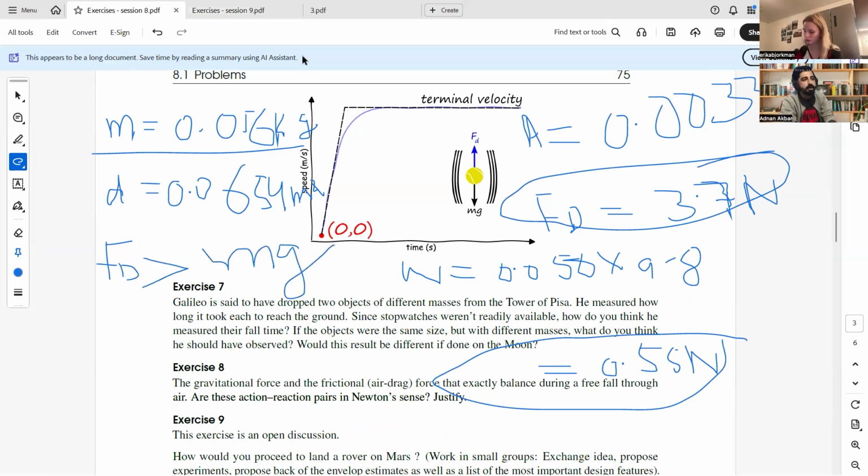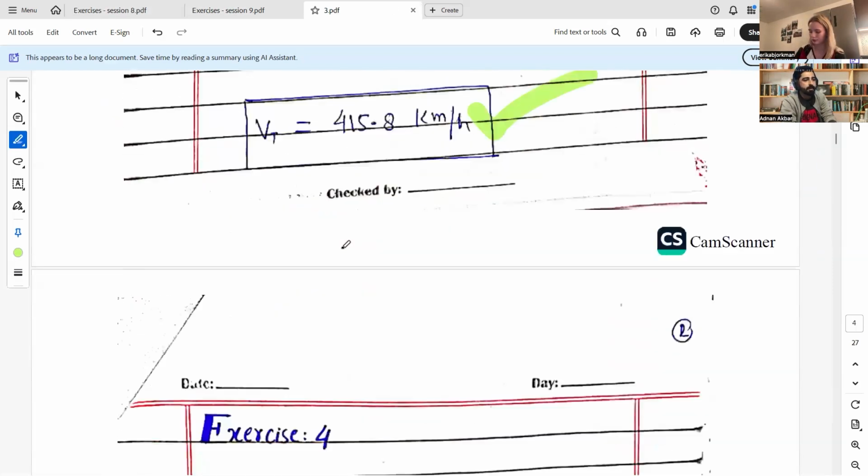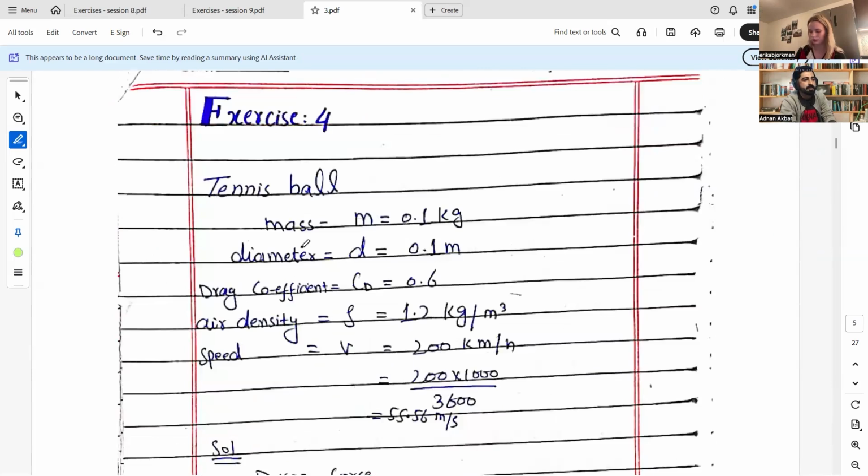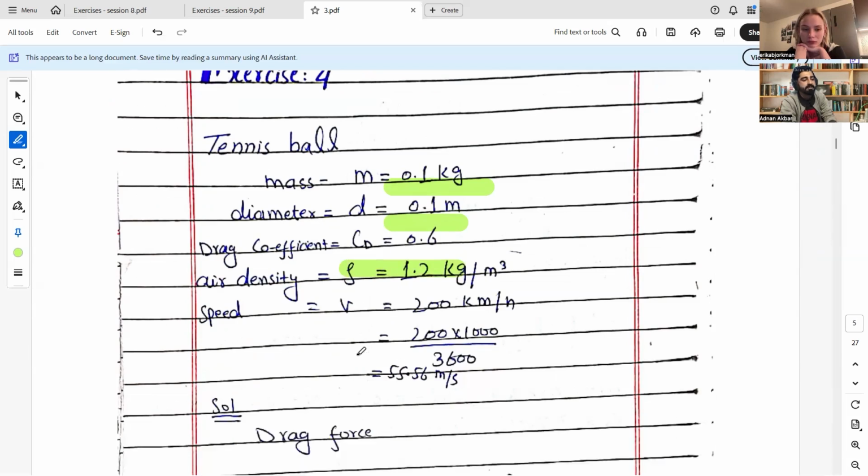So here is the considered data for the tennis ball. The tennis ball is 100 grams, converted into kilograms, 0.1 kg, with diameter 0.1 meter, drag coefficient 0.6, and rho, the air density, is a constant.